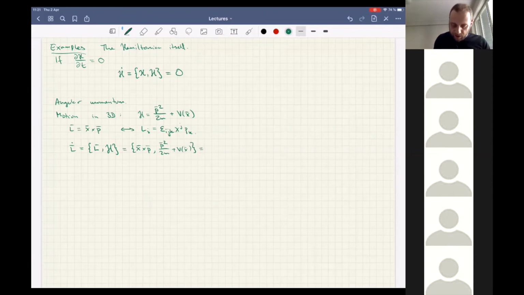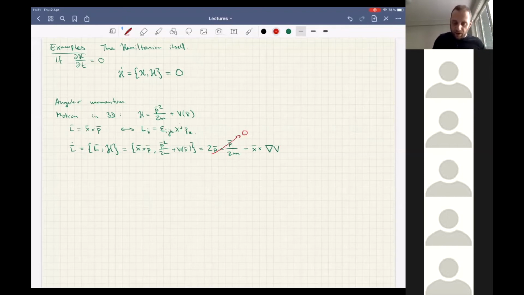Now, since p Poisson commutes with itself and x Poisson commutes with itself, essentially I'm going to have two terms left here, and if I compute them, I get 2p cross p over 2m minus x cross the gradient of the potential. This computation is a little bit more detailed in the lecture notes, but this is what you get in the end. In particular, p cross p is equal to 0, so this term vanishes.